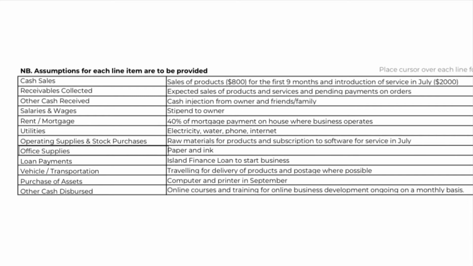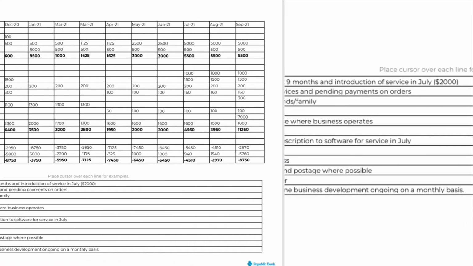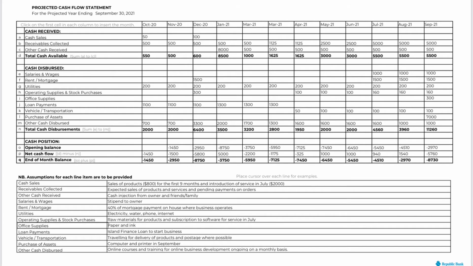Most of these things are straightforward and wouldn't change. For example, like the utilities, rent and mortgage payments, salaries, loan, cash injections, right? What will change is your particular products and services and the raw materials or the resources required for these products and services.